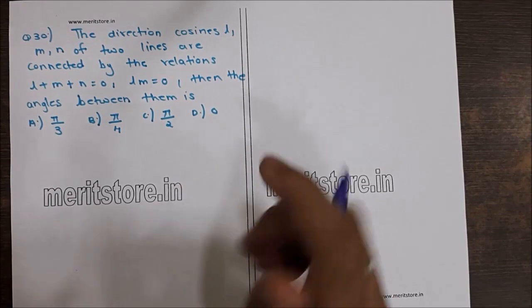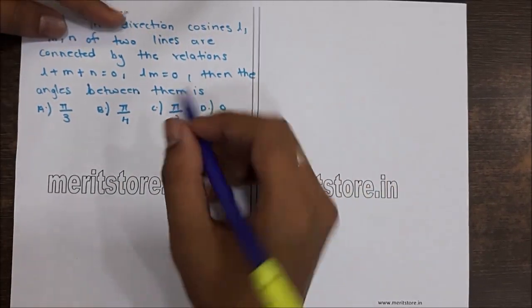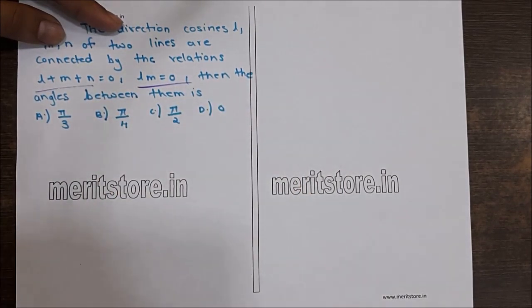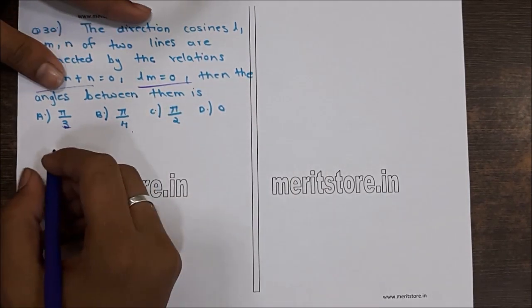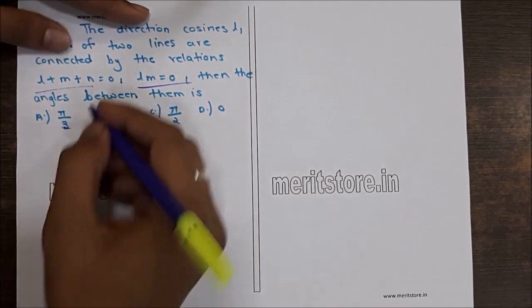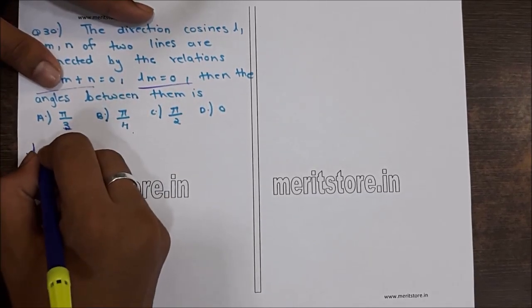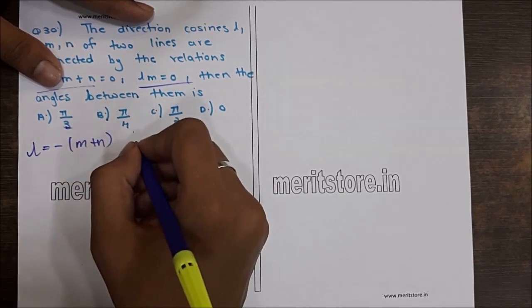Question number 13. The direction cosines L, M, N of two lines are connected by the relation L plus M plus N is equal to 0 and LM is equal to 0. Then the angle between them is pi by 3, pi by 4, pi by 2 or 0. Now we are given that L plus M plus N is equal to 0. So we will get the value of L is equal to minus M plus N, and LM is 0.